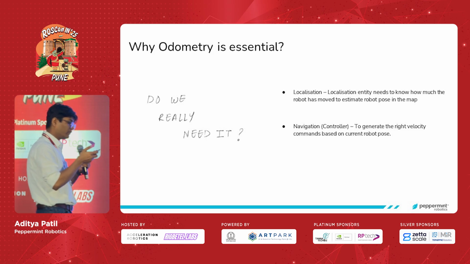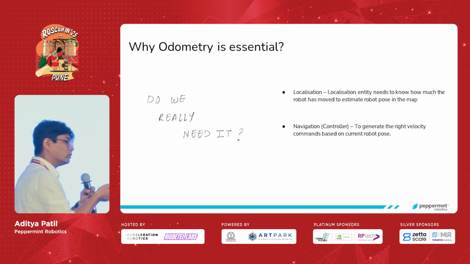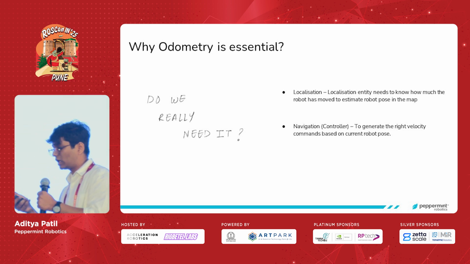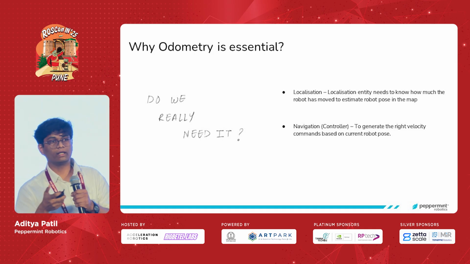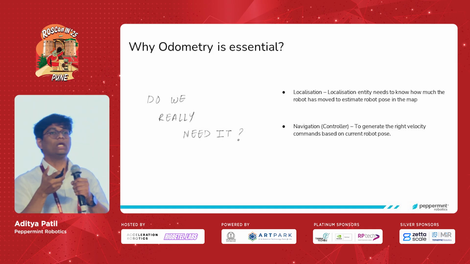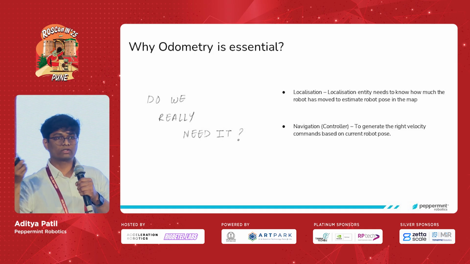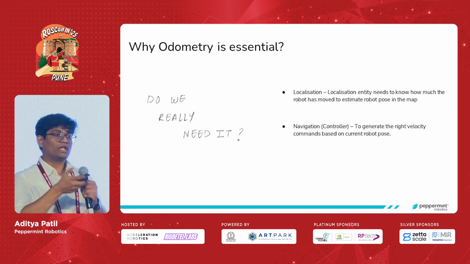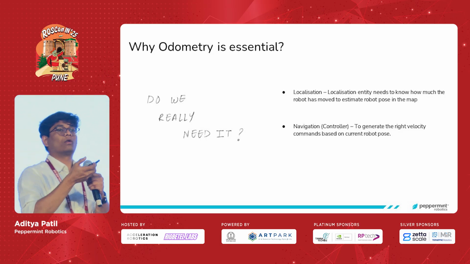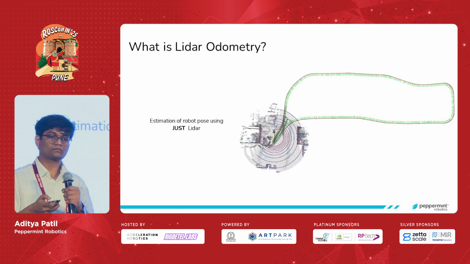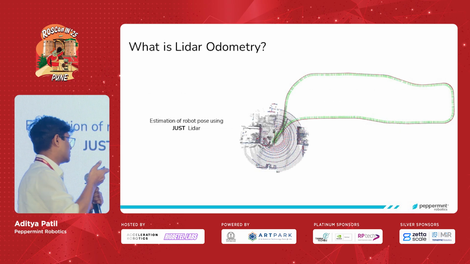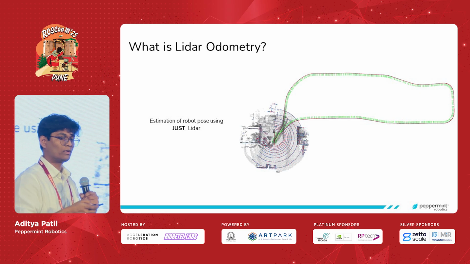If we have a differential drive robot, what we tend to do is attach encoders to the motors, and mathematically we figure out how much the wheel has rotated, and by that we perform inverse kinematics over it and figure out how much the robot has moved. And then we have Lidar odometry. So how does Lidar odometry work in a nutshell? It's just figuring out how much the robot has moved using just LiDARs.